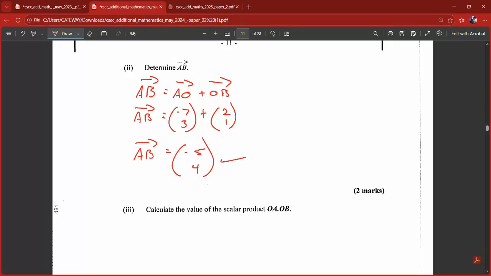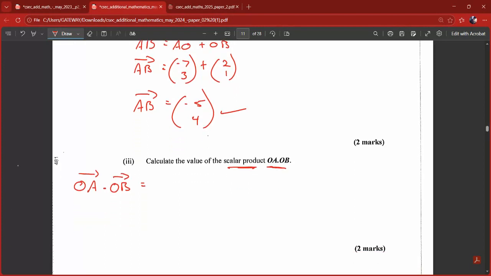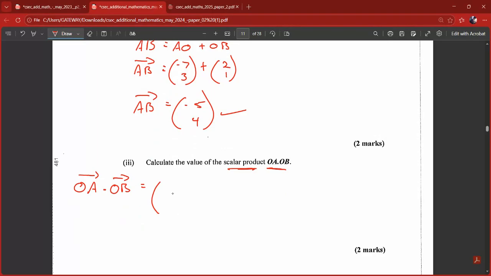Now we have our answer here. Now let's say part 3: calculate the value of the scalar product OA times OB. So OA dot OB is the scalar product. So this is going to be (7, -3) times (2, 1).